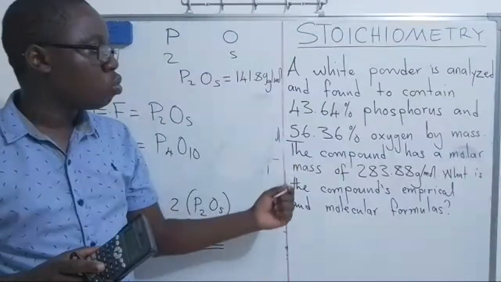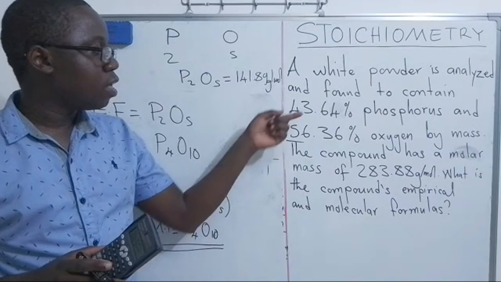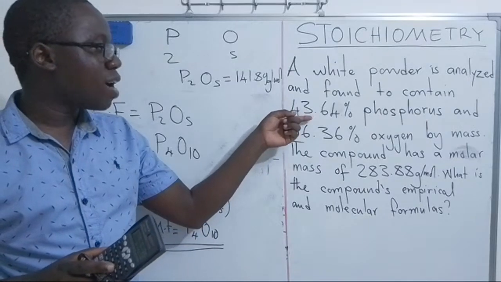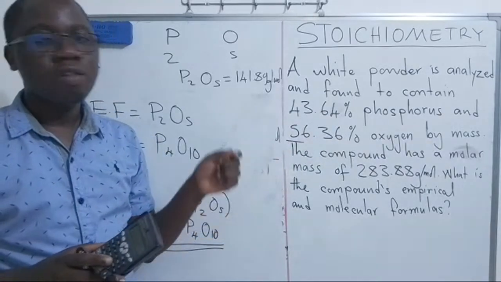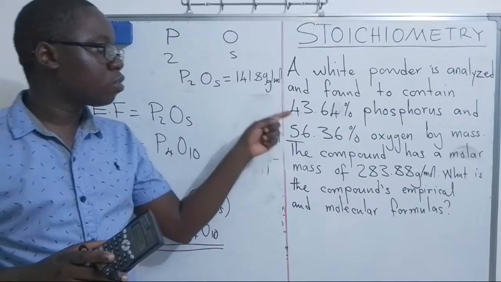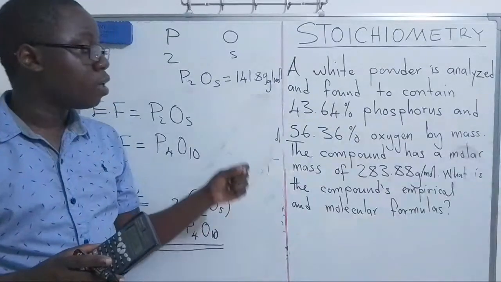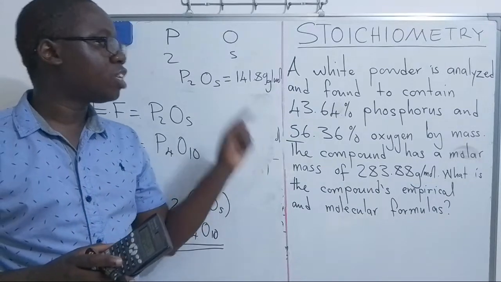To recap, we converted the percentages into the masses of each element in this compound. Thereafter, we used these masses to come up with the number of moles of each element.